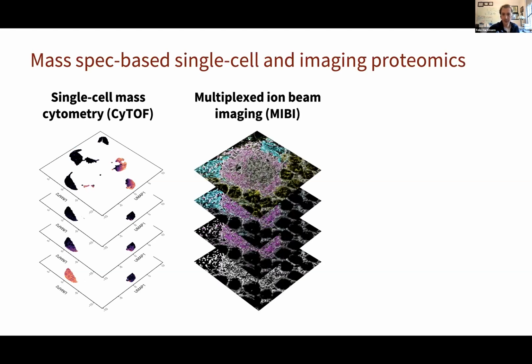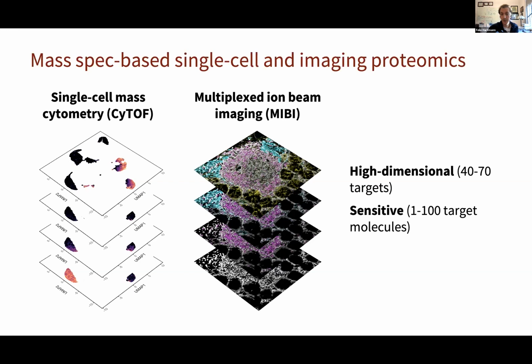And the related technology where you can do imaging, because you do this on a pixel by pixel level, and so you get these high dimensional images, is multiplexed ion beam imaging, or MIBI. As I said, I don't want to go into the details of how it works, but I think these technologies are really nice because not only can you look at many parameters at the same time, sort of 40 to maybe 70, they're also really sensitive.